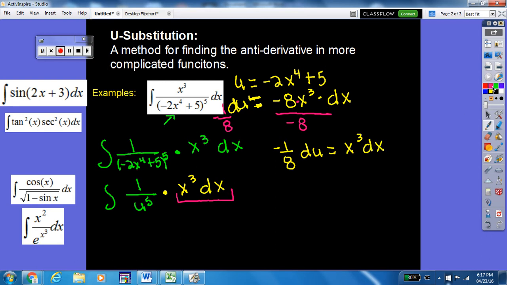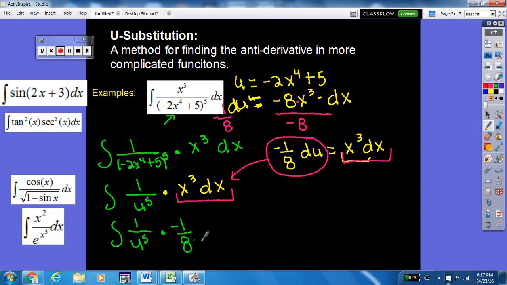And that is good news, because now we can simply replace x cubed dx with what it is equal to in terms of du, negative 1/8 du. So you kind of have to think a few steps ahead on this, but once you do a few of them, it becomes natural. So this gets replaced by negative 1/8 du.